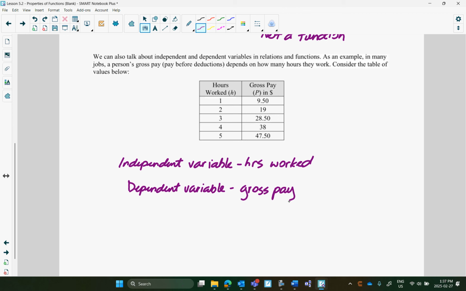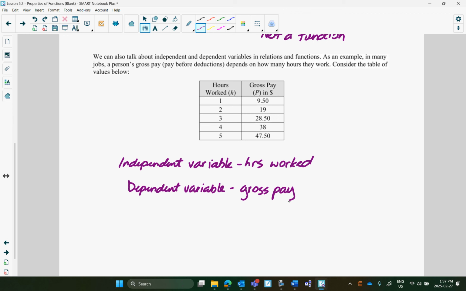Gross pay is what you receive before any deductions are taken off. Certain deductions, and you guys are going to see this, include income tax on what you make.